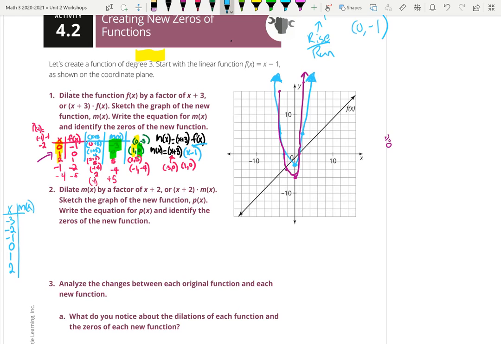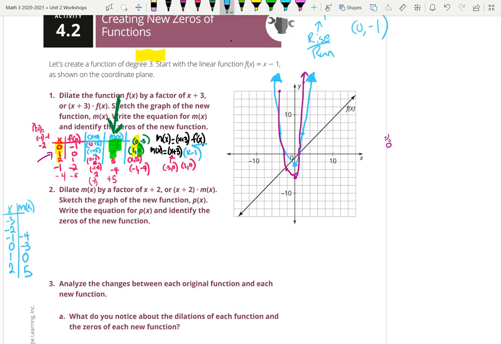So -3. Here are the outputs I generated last time, so I'm going to steal them. When x is 0, it's -3. When it's 1, it's 0. When it's 2, it's 5. When it's -1, it's -4.